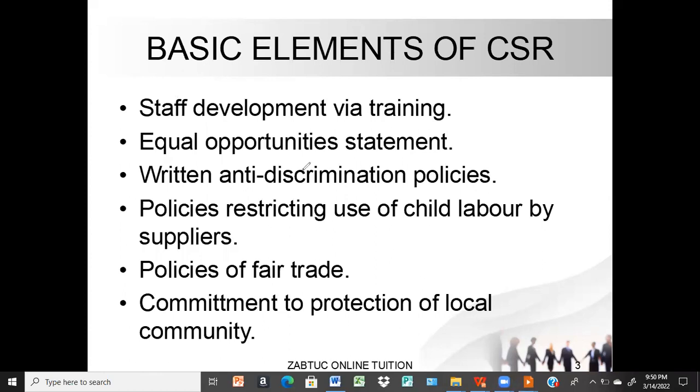The issue of staff development is very important. Staff development via training, equal opportunity statement, anti-discrimination policies, policies restricting the use of child labor, policies on fair trade, and commitment to protection of local community.